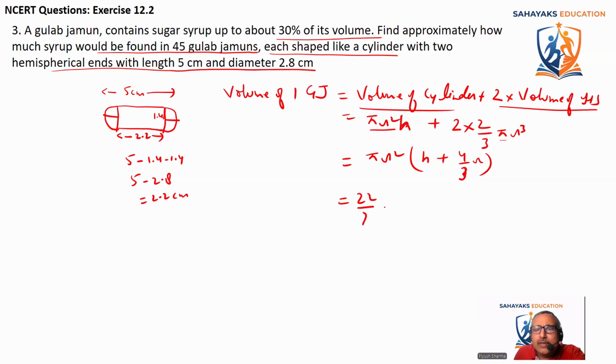I believe it will cut. Radius is 1.4. I'll just say 1.4 into 1.4. Yes, it will cut. What is the height? This is the height of the gulab jamun's cylinder part. That is 2.2. So it is 2.2 plus 4 divided by 3. And the radius comes out to be 1.4.